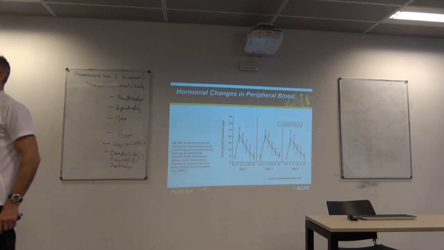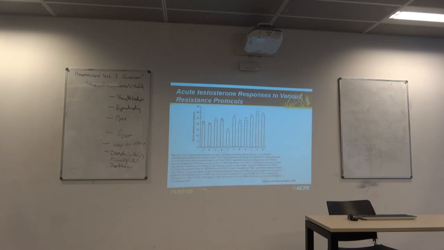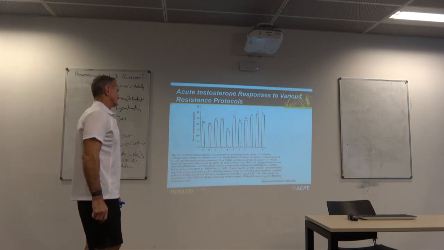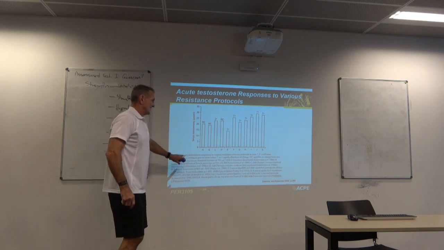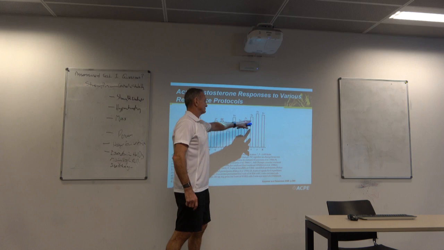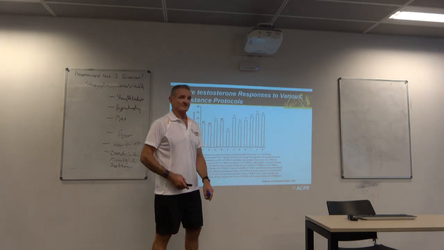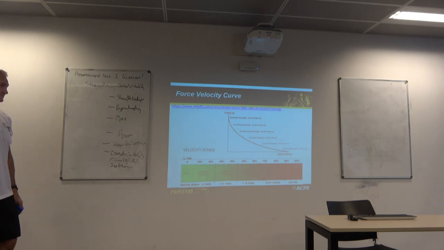RPEs, GPS data, and daily wellness. So it's important that we're monitoring all this process all the time. Cool? And this was just a study with the acute testosterone responses to various resistance events. But the take-home message here is lift heavy, and you're going to get a lot more response when you read through all this area here. And there'll be another couple of slides that will show that.